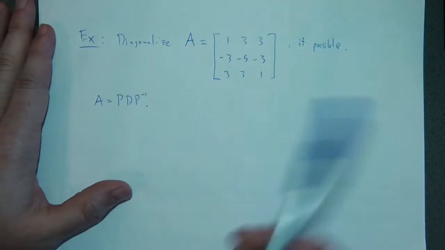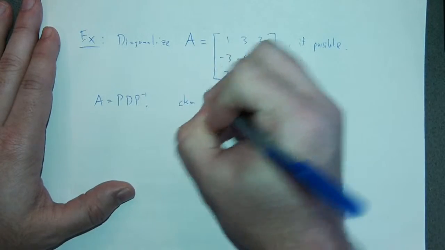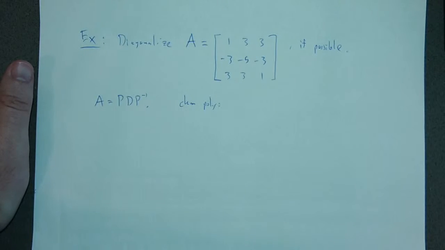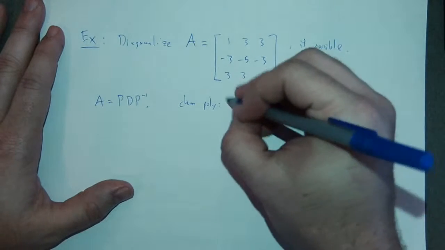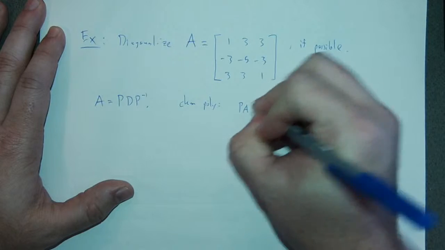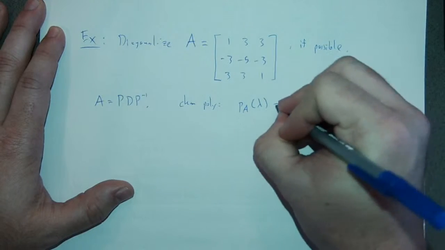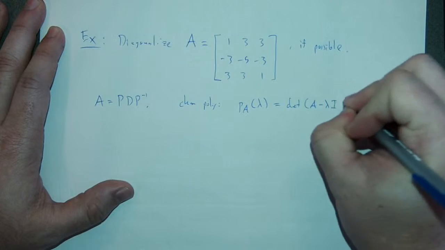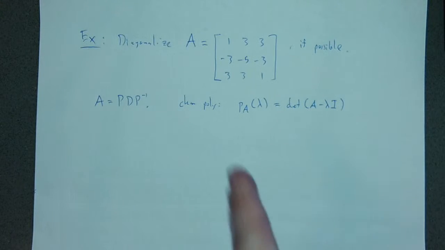So the characteristic polynomial is the determinant of A minus lambda I. What is A minus lambda I?